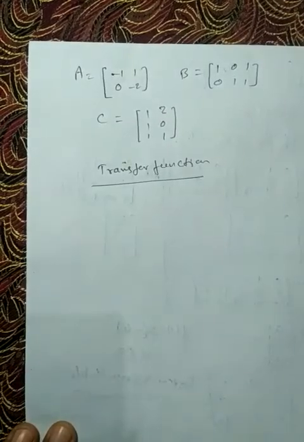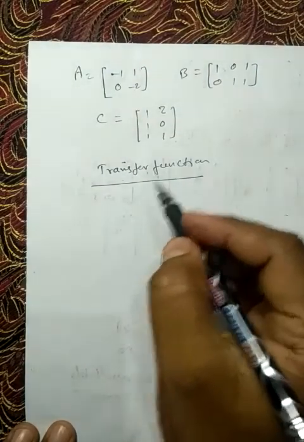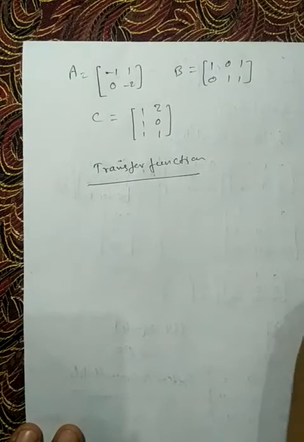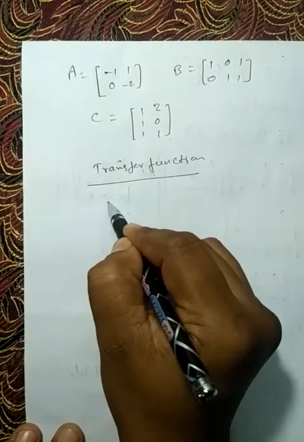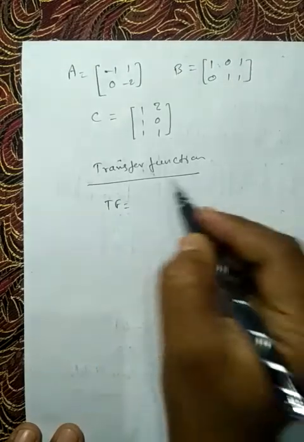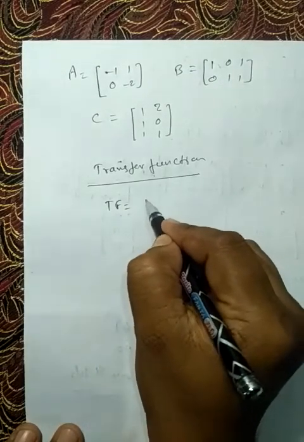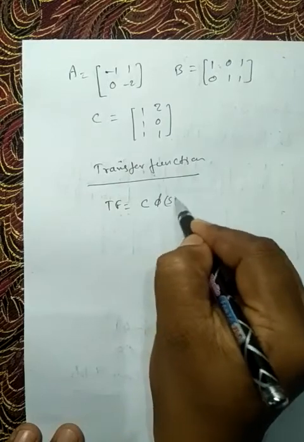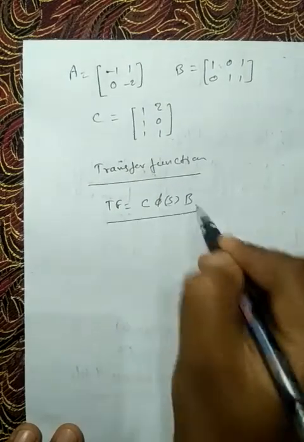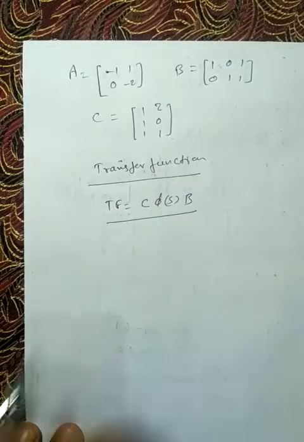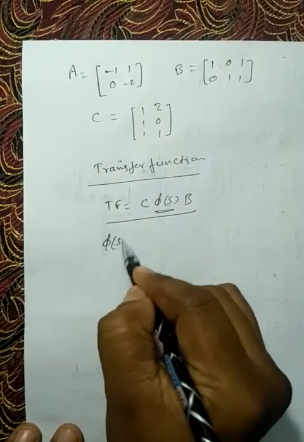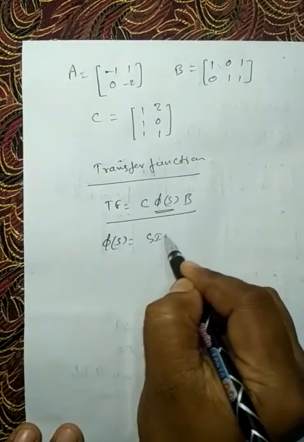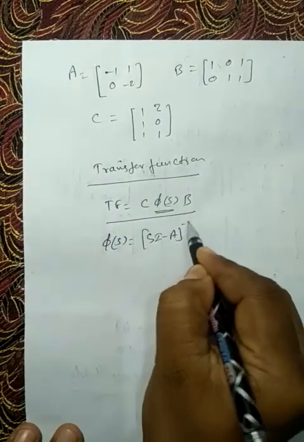Transfer function of the system. So we discussed in the last lecture that the transfer function is equal to C phi s B, and for this purpose we have to find out phi s, which is equal to sI minus A inverse.